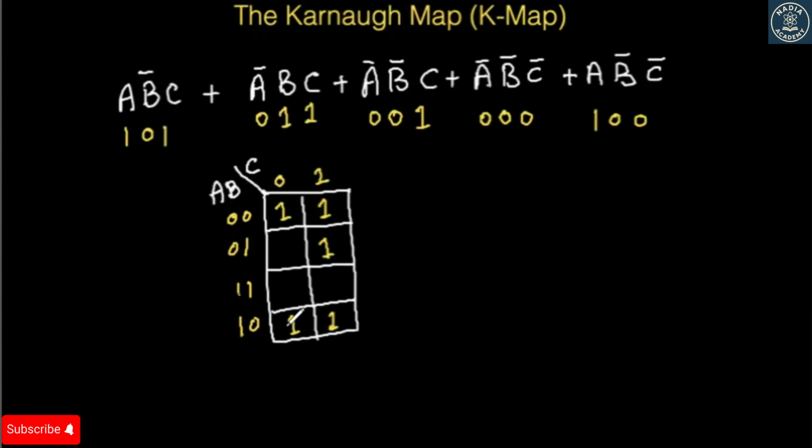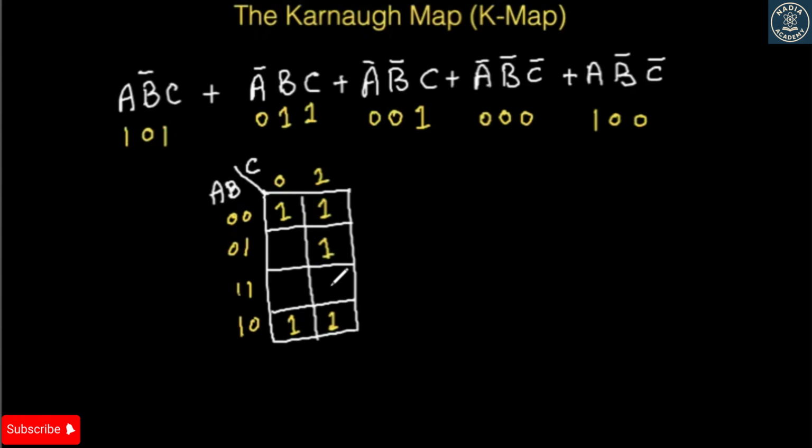So this is our K-map. First, we will try to understand the K-maps and filling the values in K-maps. Here we have all these Boolean expressions of product terms.